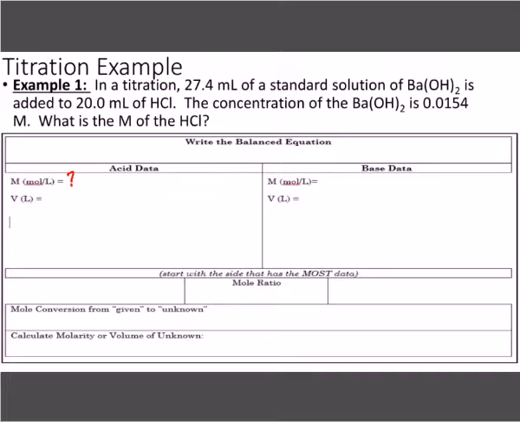For the other pieces I'm going to have the information. What's my volume for my acid? 20.0 mL. Now notice, folks, volume has to be in liters, so do that conversion right away. How do I go from mL to liters? Divide by 1,000.